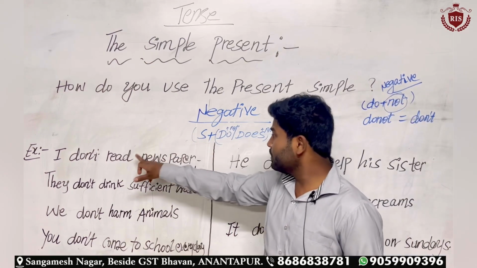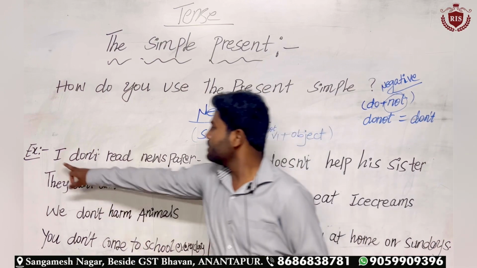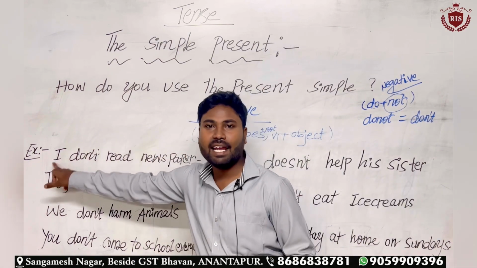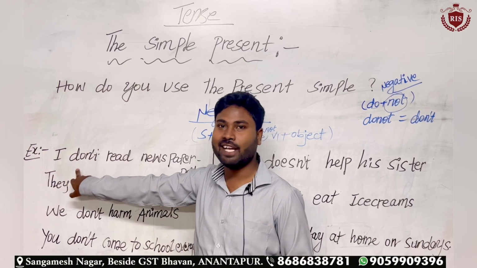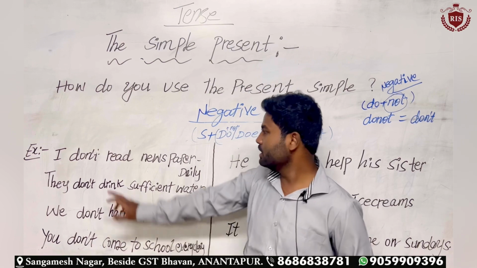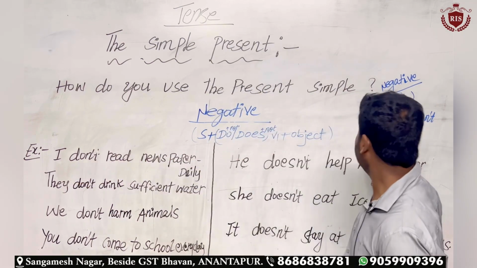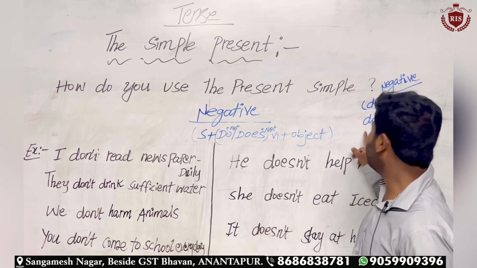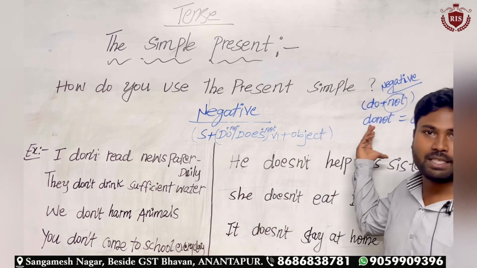Let us look at the examples, we will get an idea. Subject I, the pronoun we have taken, and helping verb do because the pronoun I is picked in the sentence. Next, not: do plus not becomes do not, and the contracted form of do not is don't.